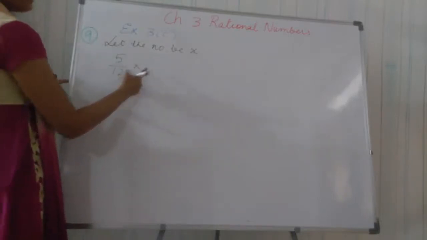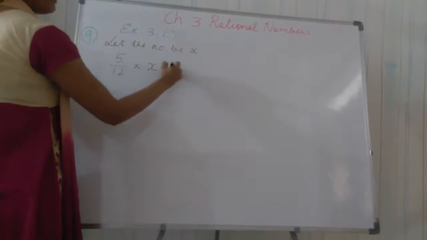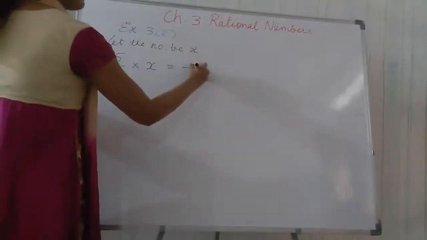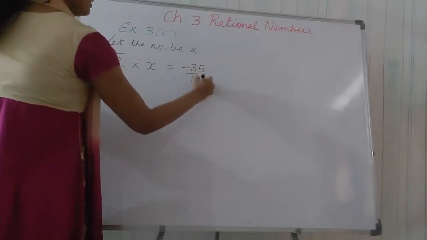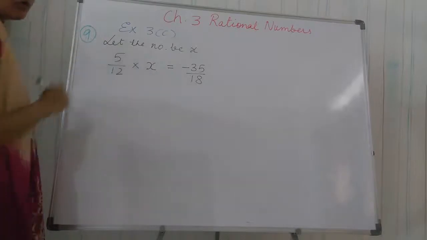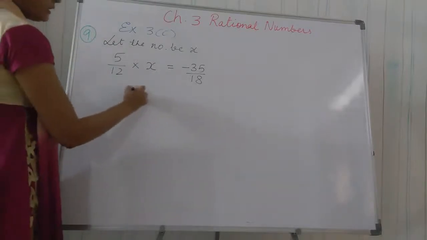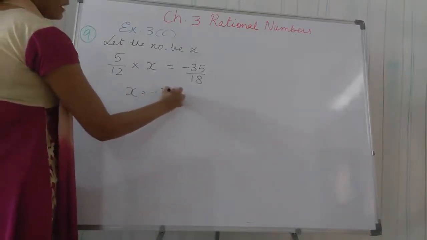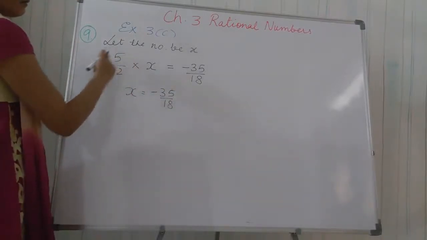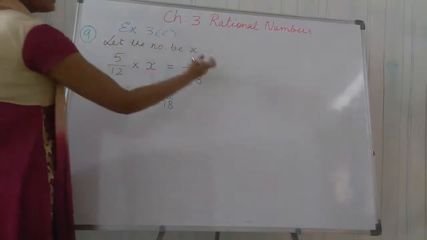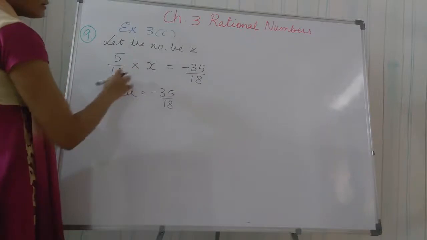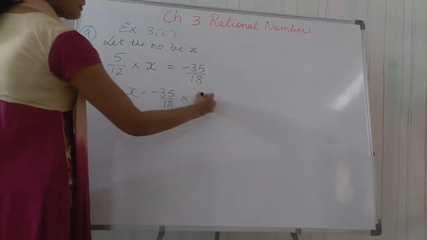Product means multiplication with the other number x, which we have supposed, and it is equal to the product given in the question, 35 by 18. So we want to find the value of x here. For that, x is equal to minus 35 by 18 as it is, and this 5 by 12 we take to the other side, so we convert it to the reciprocal.